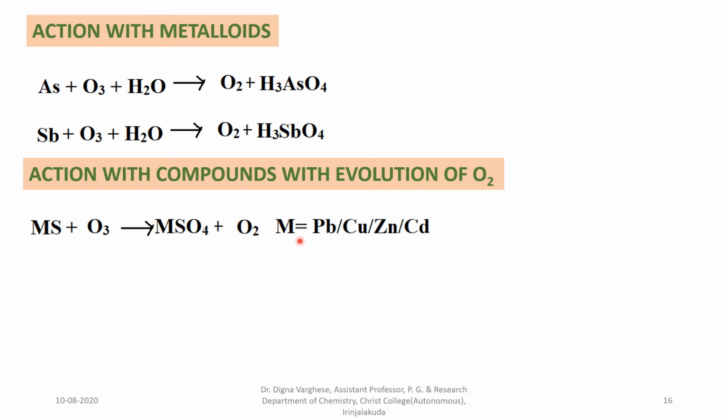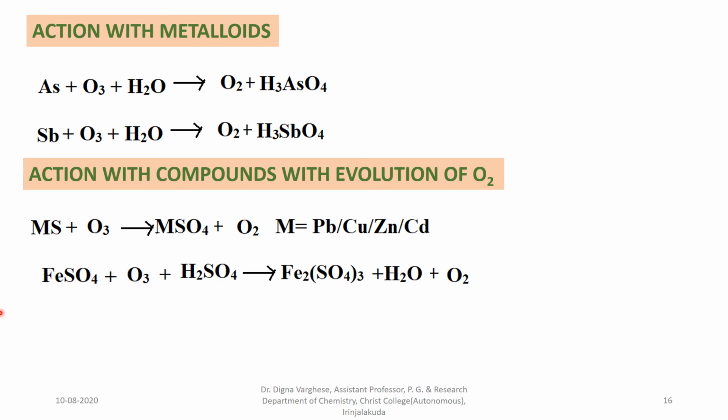Here the metal can be lead, copper, zinc or cadmium. Lead sulfide reacts with ozone to give lead sulfate with oxygen. Copper sulfide gives copper sulfate with oxygen. Zinc sulfide gives zinc sulfate with oxygen. And cadmium sulfide reacts with ozone to give cadmium sulfate with the evolution of oxygen.